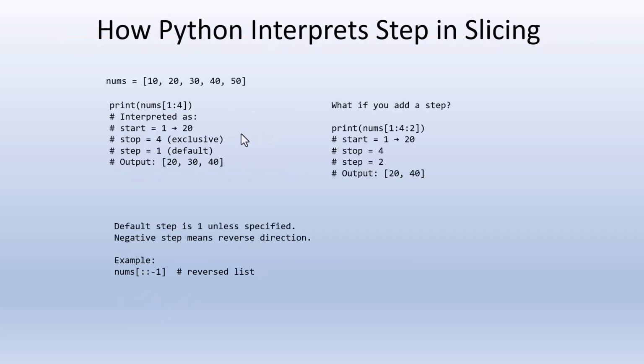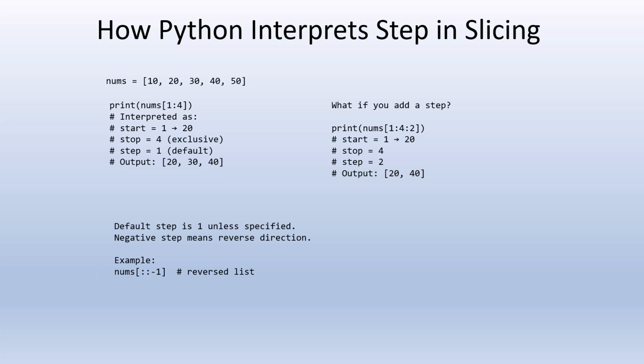How Python interprets steps in slicing, that I have also told. Print nums 1 to 4, interpreted as starting point is 20 because this is 1 at index 1, and stop is 4, exclusive, and step 1 is default, so it starts at 20, 30, step is 1, then 40, and then 50 is exclusive, so this is not printed out, so 20, 30, 40.